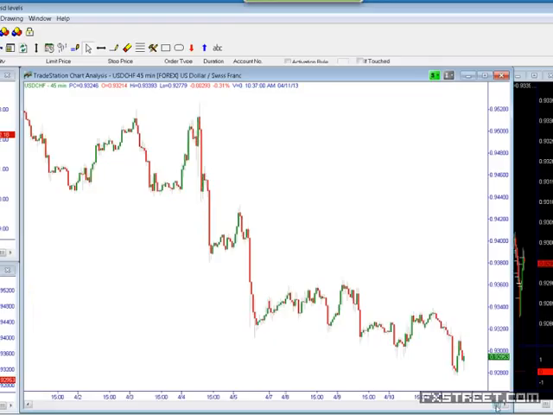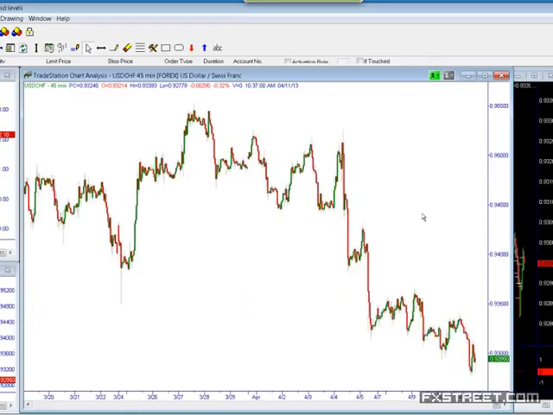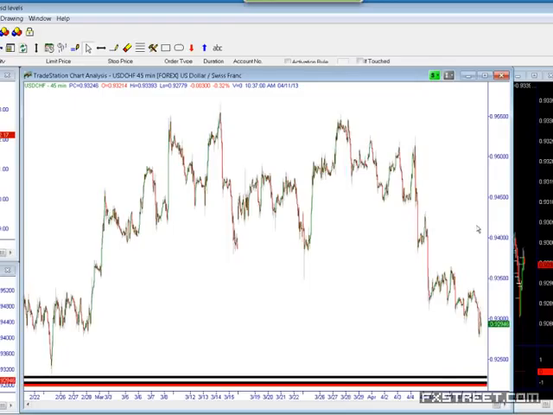So if and when price comes down to that level, right there it is. If and when price comes down here, what's likely to happen to the spread down here? Is this likely to get wide or narrow? Right, it's likely to get wide, exactly. Increase. Is that a good sign or a bad sign?